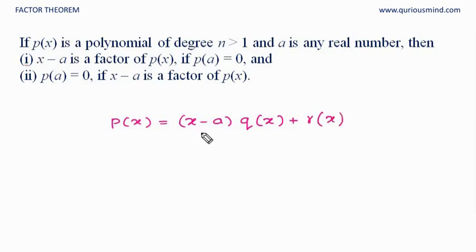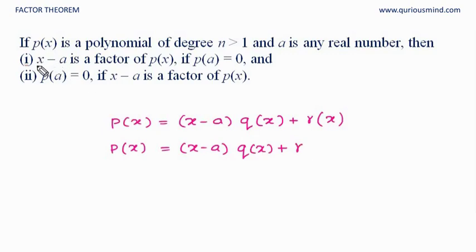Now since the degree of the divisor is 1, the degree of the remainder has to be less than 1. Less than 1 means 0, and hence we can write this as P(x) is equal to x minus a multiplied by Q(x) plus r. r is a constant because the degree is 0.